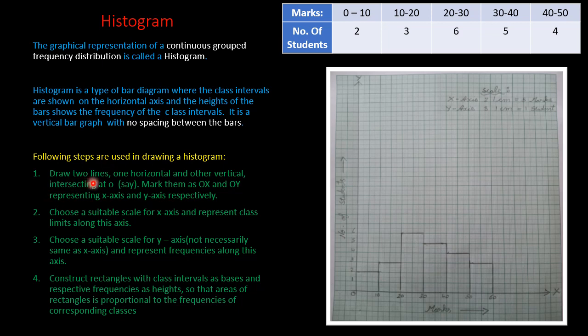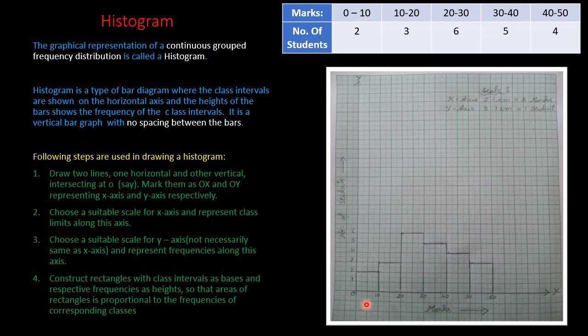Number 1, draw two lines, one horizontal and the other vertical, intersecting at O. Mark them as OX and OY, representing the x-axis and y-axis respectively. This is the x-axis OX and here is the y-axis OY. Choose a suitable scale for the x-axis and represent class limits along this axis.